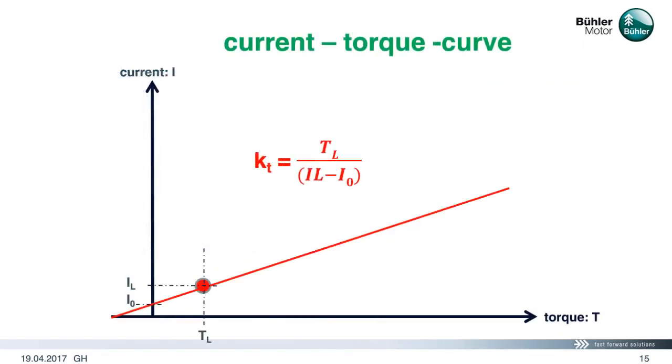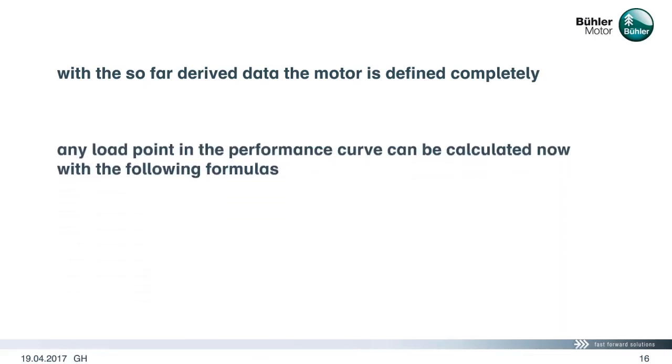Shown here is the current versus torque curve and the formula to calculate K sub T. With the so far derived data, the motor is defined completely. Any load point on the performance curve can be calculated now with the following formulas.